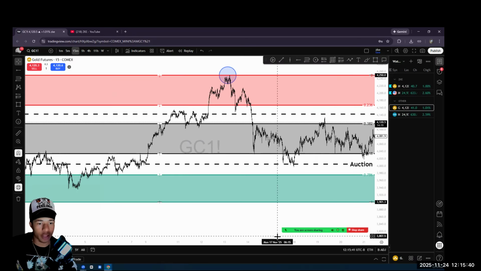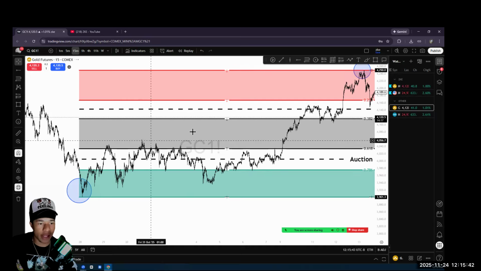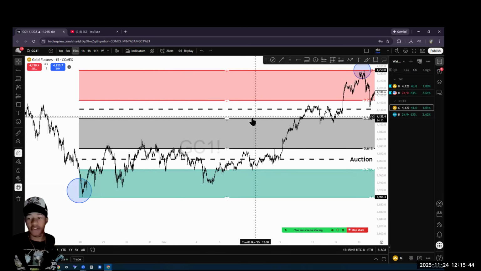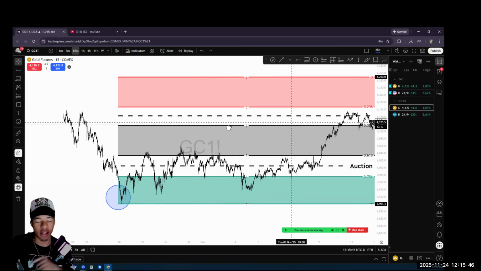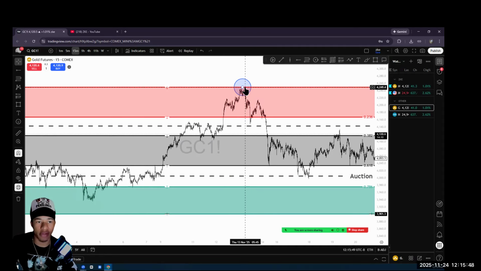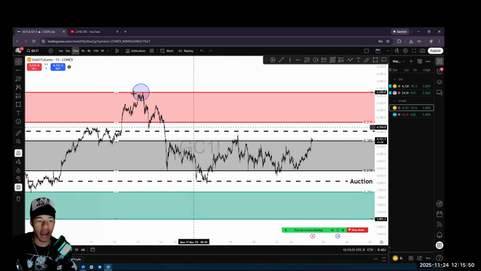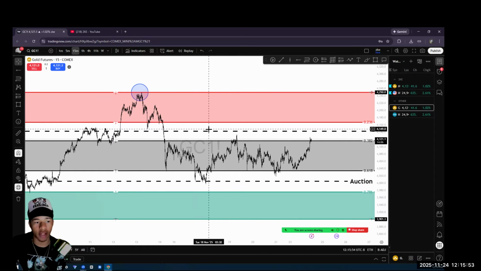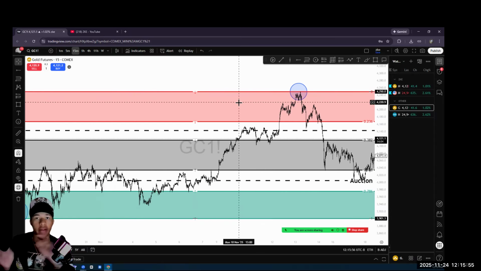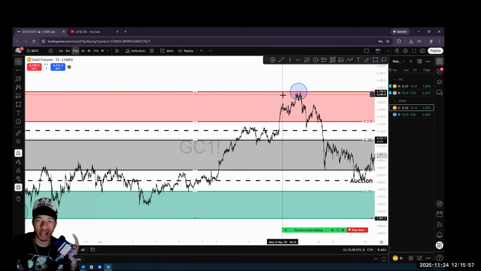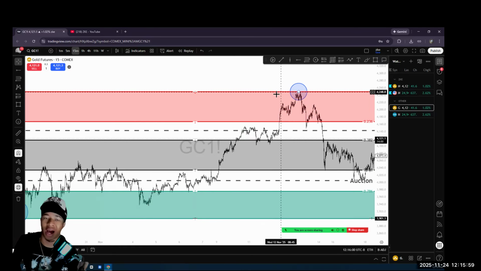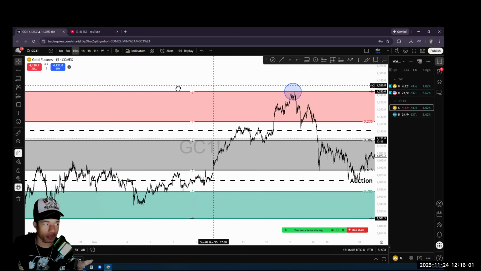So entries like this, mind you, all of this price action that happened to the left of us would have been a different fib, meaning this fib wouldn't have been drawn out properly until this high got executed. Meaning everything to the right would have been trades that we would have taken. Everything to the left would have been from a different perspective, okay? Because obviously you don't know. You're only going to know after the high was created. You're not going to know in the moment, not God.